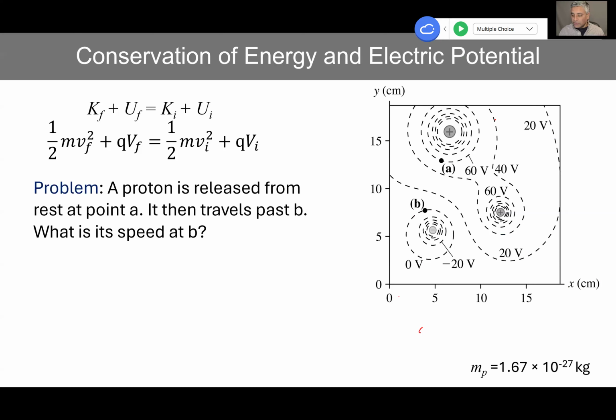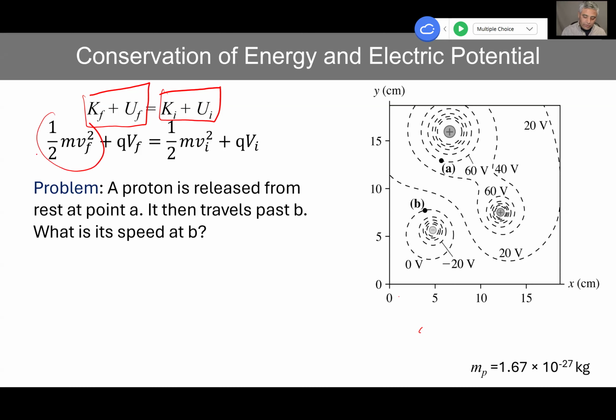I said we're going to talk about conservation of energy. So here is conservation of energy: kinetic energy plus potential energy at one point is equal to kinetic energy plus potential energy at another point, initial and final.